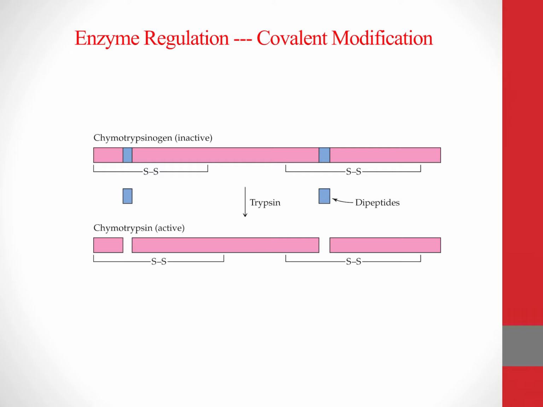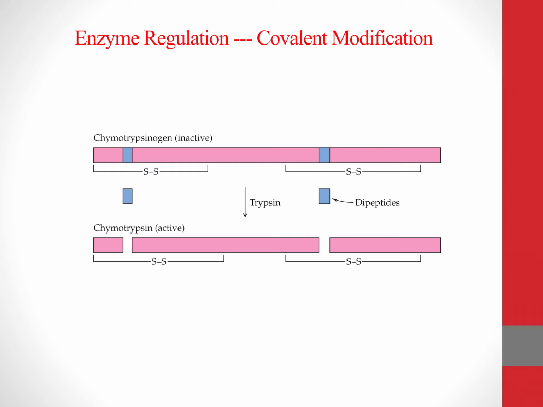So trypsin will cleave the peptide bond between arginine 15 and isoleucine 16. So that's that first blue square. And then we have two dipeptides that are removed. So there's 2 at 14 and 15, and there's 2 at 147 and 148.